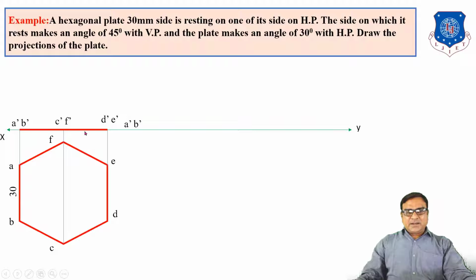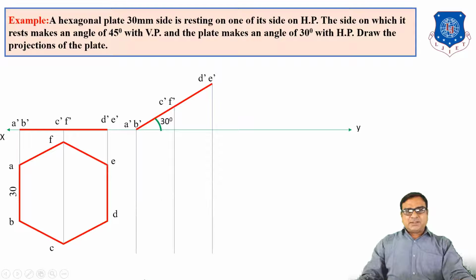The length of that line must be this, which must be inclined 30 degrees. Insert all the points A dash, B dash, C dash, D dash, E dash. So this is the front view of the surface when the surface is inclined to HP at 30 degrees. Now to obtain its top view, we have to draw vertical projection lines and horizontal lines from the previous top view.